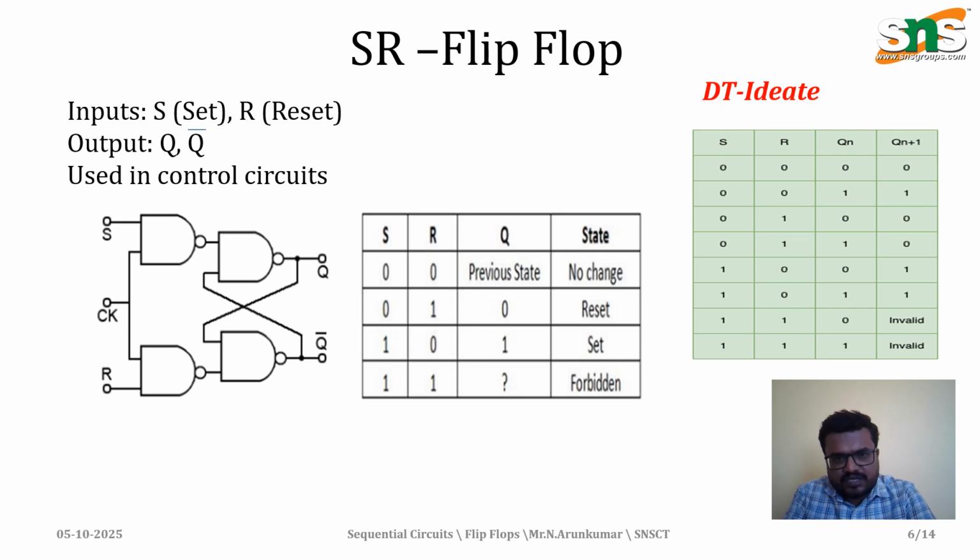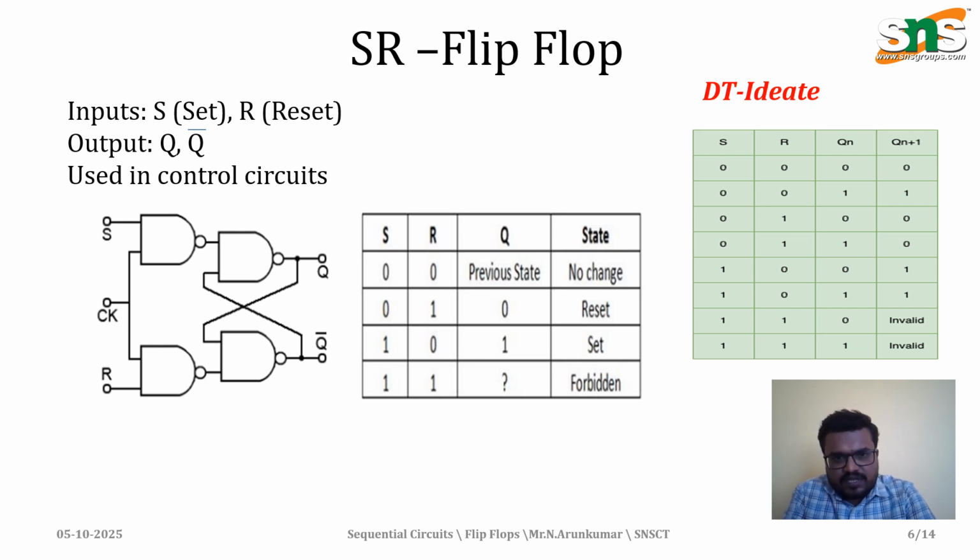SR flip-flop. The table has been formed based on the concerned truth table. Based on the truth table only, the next transition state is formed. The diagram of the SR flip-flop is purely built with NAND gates. If you are giving inputs like 00, 01, 10, 11, because of 2-bit variation we have only 4 combinations.